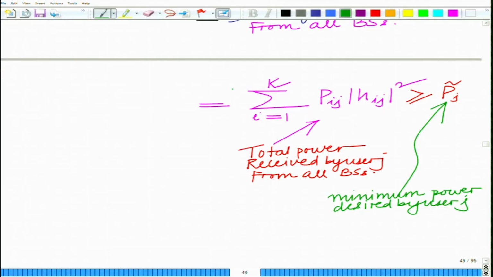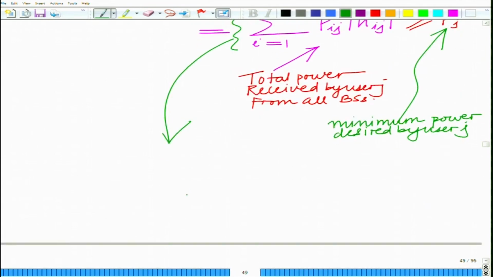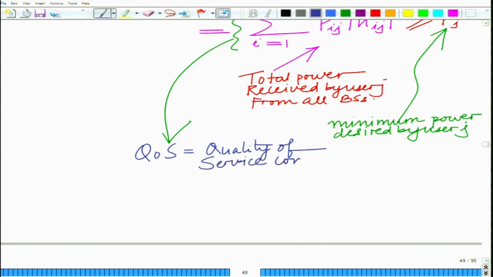This is known as a QoS constraint, or quality of service constraint, for that particular user. Your signal quality has to be such that the received power is at least Pj tilde.